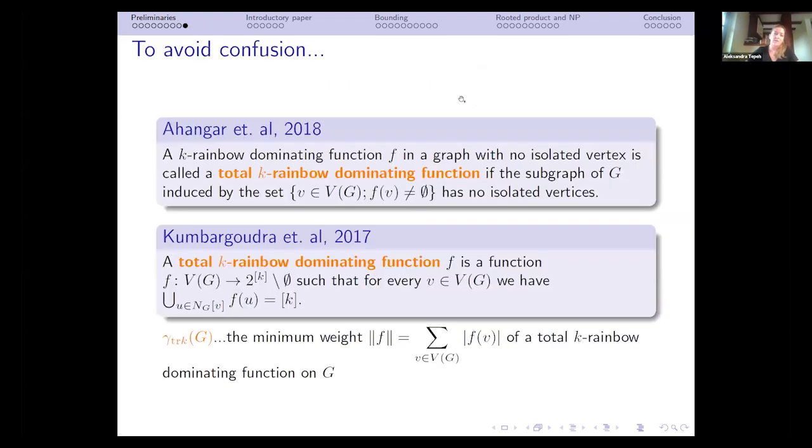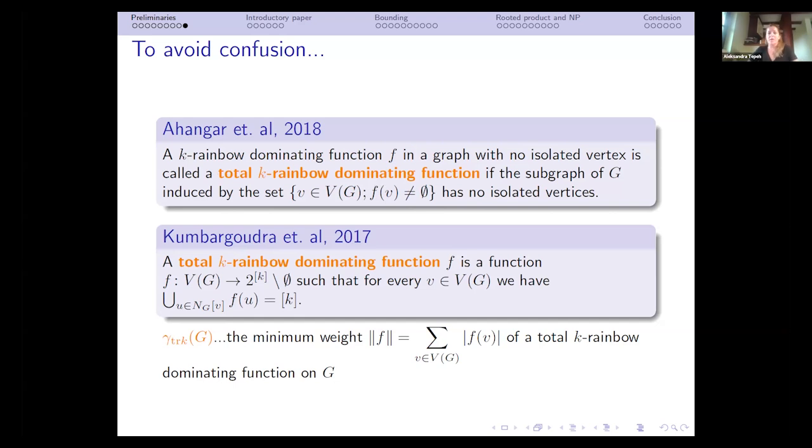I would also like to tell you that I had a problem naming this invariant, because the name total k-rainbow domination was already taken twice, in fact, for two different definitions. And I really wanted the name to be something similar, k-rainbow, for obvious reasons, and I needed this word total.